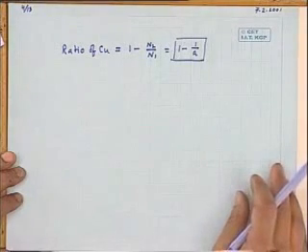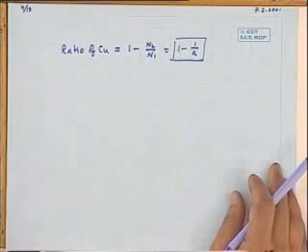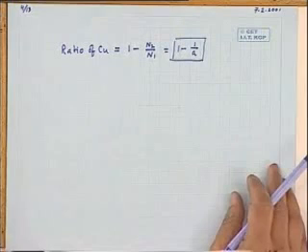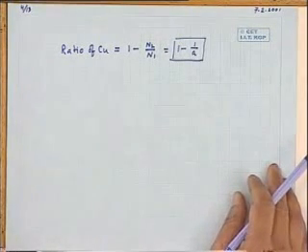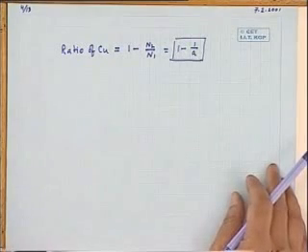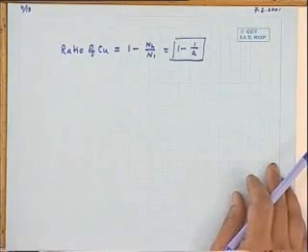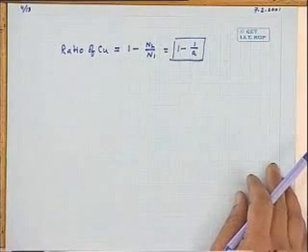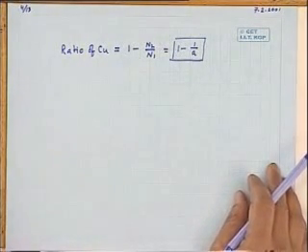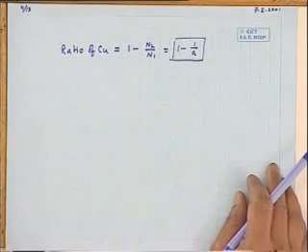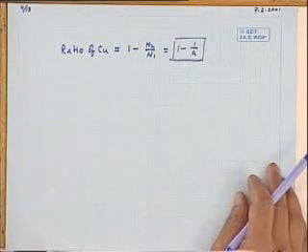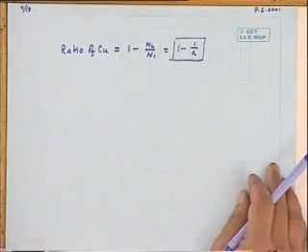If the turns ratio is close to unity, then the savings of copper will be rather high. If the turns ratio is much away from unity, then the savings of copper in an auto transformer, that is the advantage you get over a two winding transformer, will not be very much.